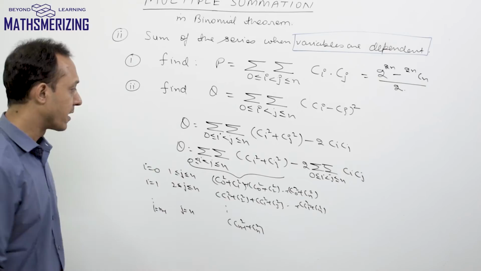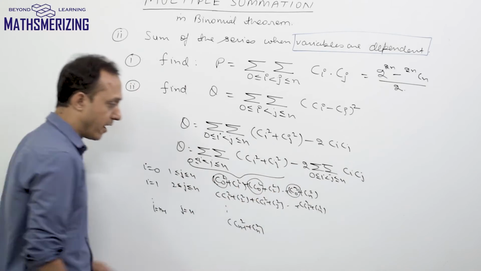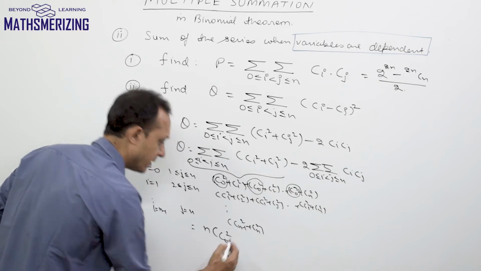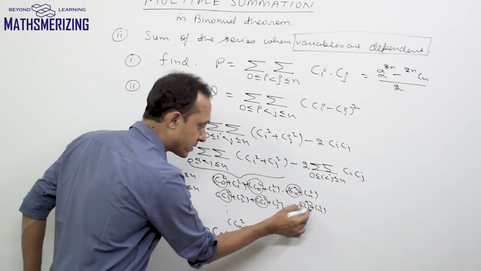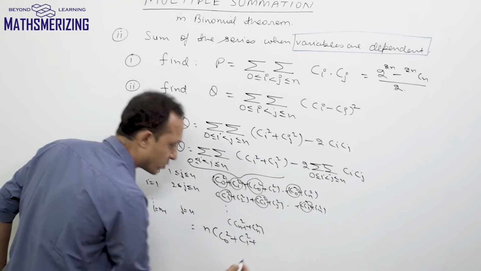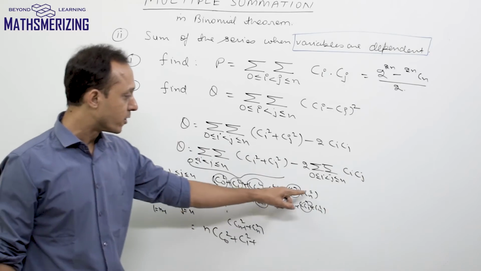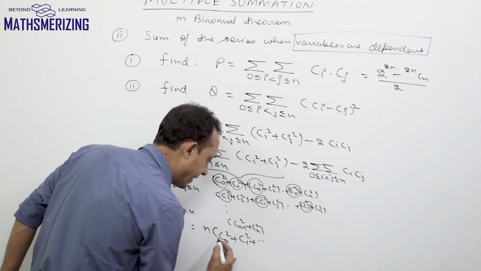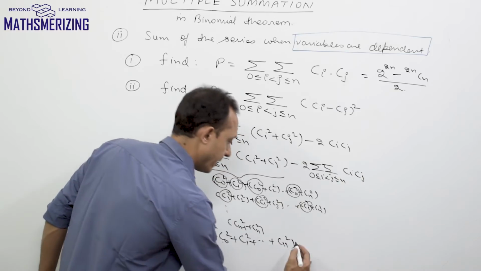Using the similar argument, we know that C0 square appears in n of these terms, so it will be n times C0 square. Again for C1, here we have n minus 1 terms, and we have one more C1 square, so again it will be n times C1 square. Again for C2 there will be n terms, and again for Cn there will be n terms. So this series is actually n times (C0 square plus C1 square plus up to Cn square) and then minus 2 times.